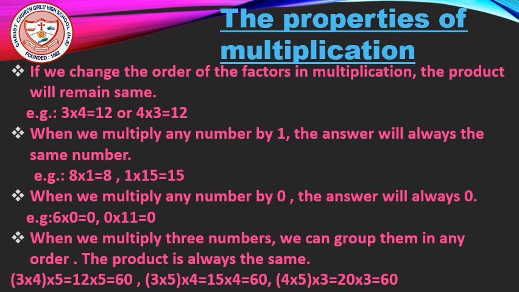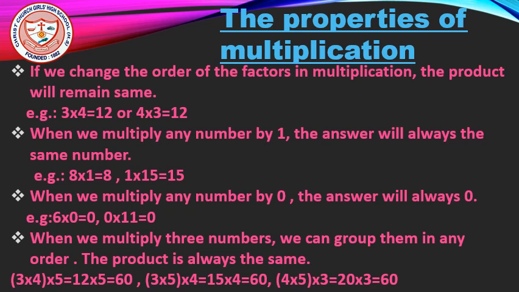When we multiply 3 numbers, we can group them in any order. The product is always the same. For example, 3 into 4 gives us 12.